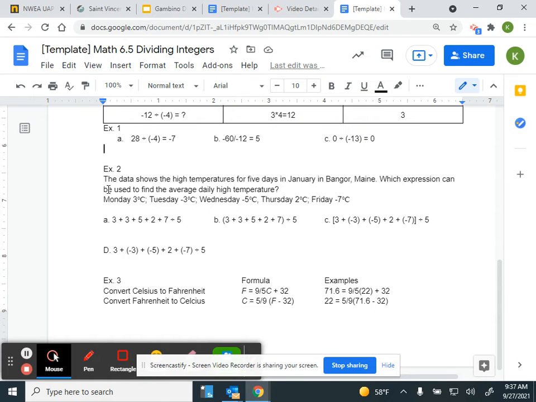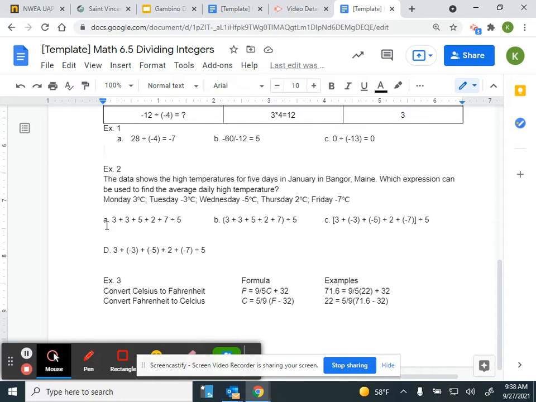So now let's look at example 2. The data shows the high temperatures for 5 days in January in Bangor, Maine. Which expression can be used to find the average daily high temperature? So we've got 3 degrees Celsius, negative 3 degrees Celsius, negative 5 degrees Celsius, 2 degrees Celsius, and negative 7 degrees Celsius.